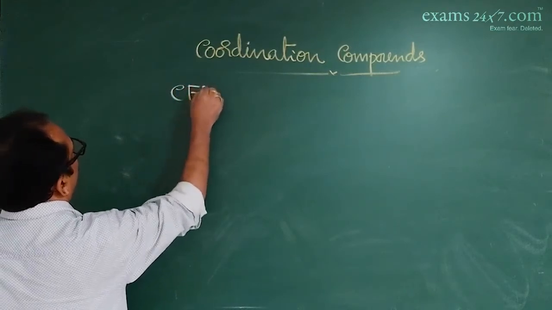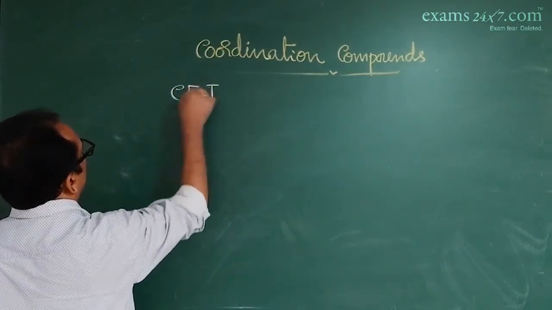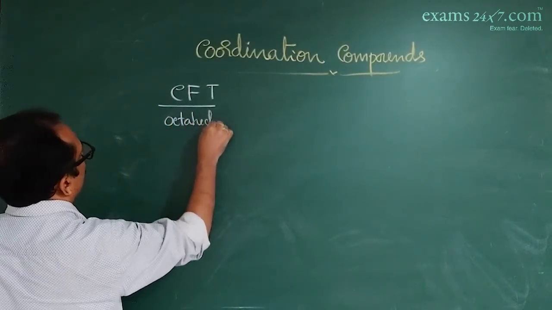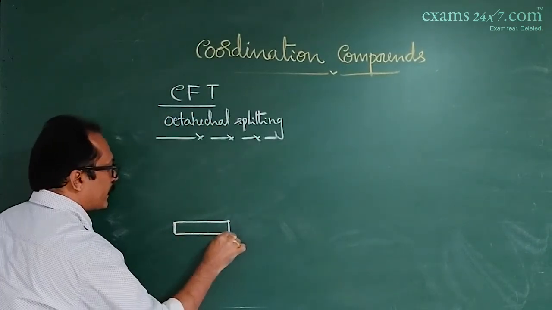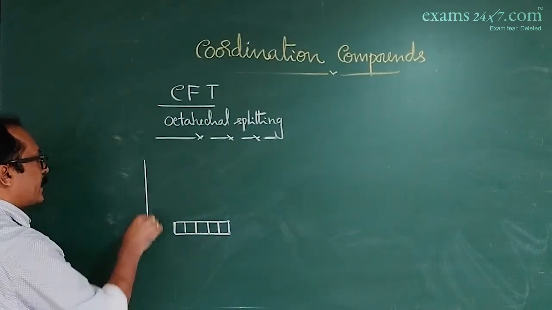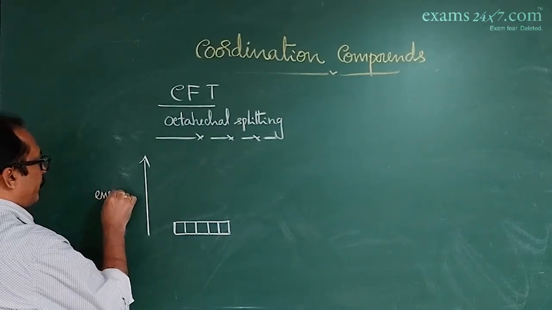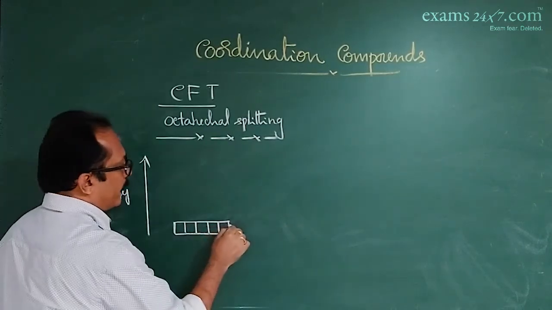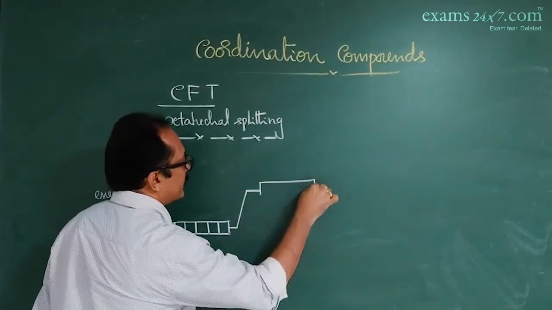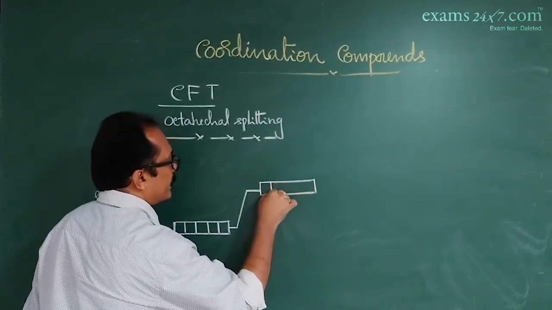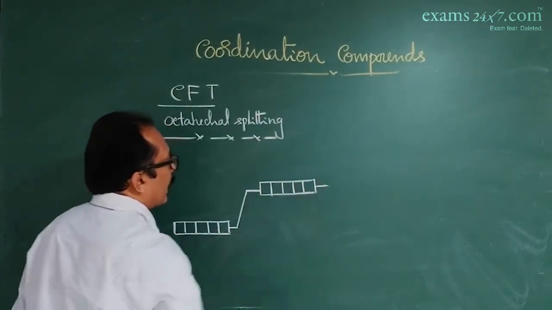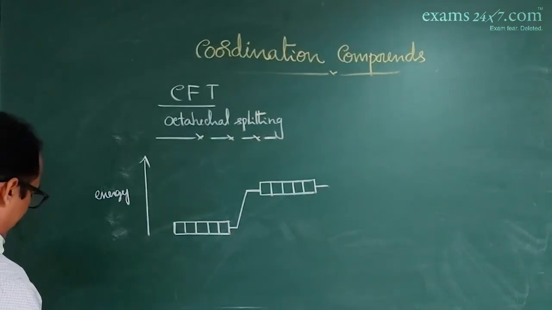Crystal field theory. Octahedral splitting. The transition metal ion in its ordinary state has lower energy. When it combines with a ligand, its energy increases. The d orbital energy increases.